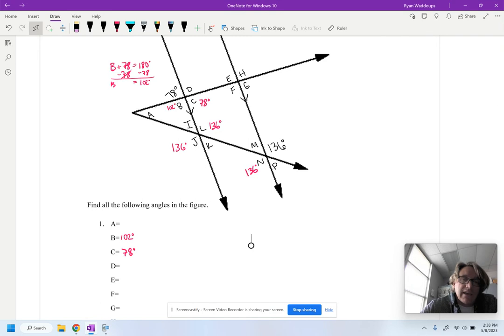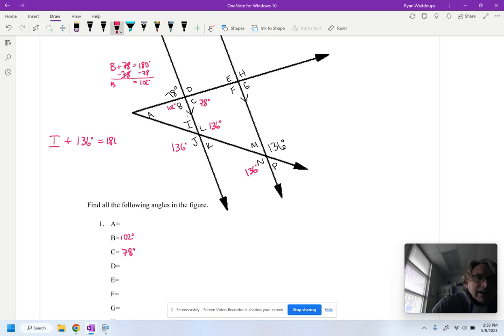Now I can say either K or I. Let's go ahead and do I. Once again, this angle right here is 180 degrees, so I plus 136 degrees is equal to 180 degrees.